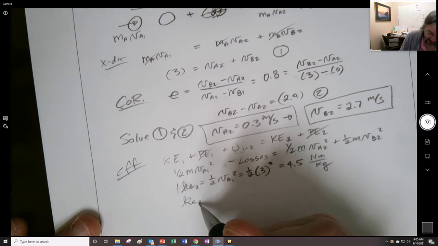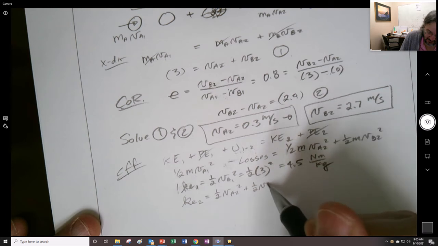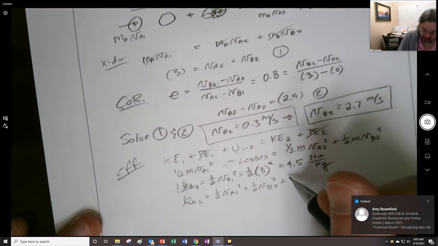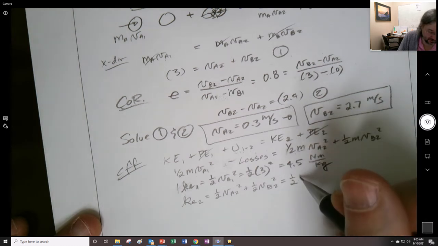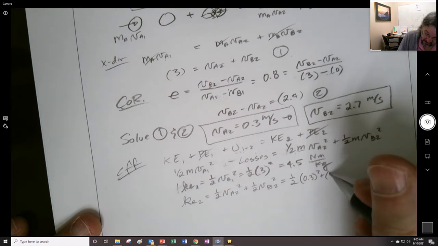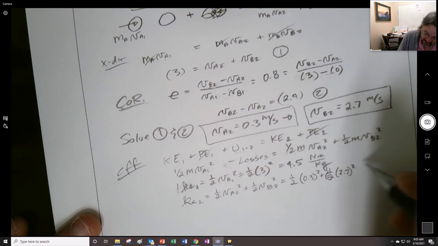And then KE2 is 1/2 VA2 squared plus 1/2 VB2 squared. But everybody's sending me emails right here at 9:05. So what we have is 1/2 of 0.3 squared plus 1/2 of 2.7 squared.